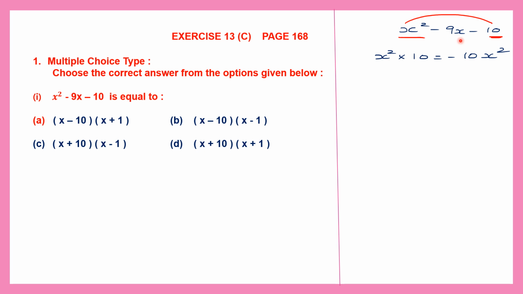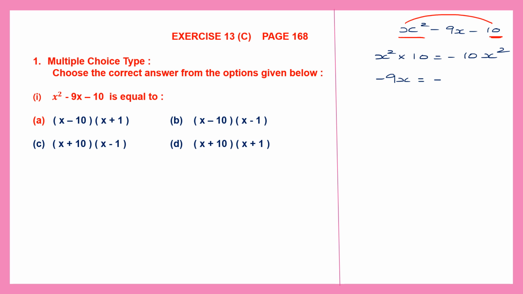Now we have to split the middle term, that is minus 9x. We have to split it in such a way that when you add you get minus 9x, when you multiply you get minus 10x square. So we have to split minus 9x. How do we split it so that we get minus 10?